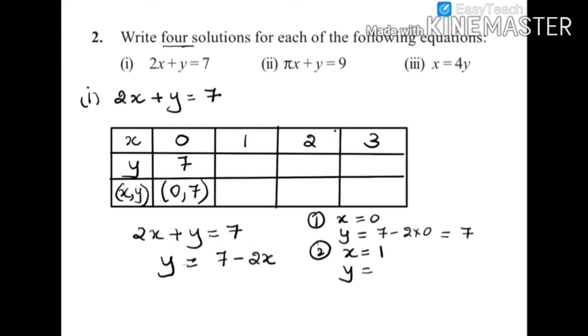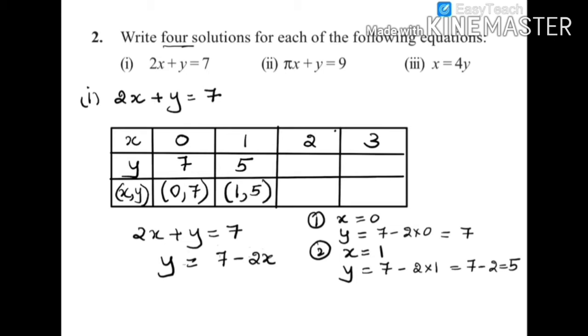Then y will be equal to 7 minus 2 times 1, substituting in this expression to find y. So this will be 7 minus 2, that is equal to 5. So the corresponding value is 5 and the corresponding ordered pair is (1, 5).